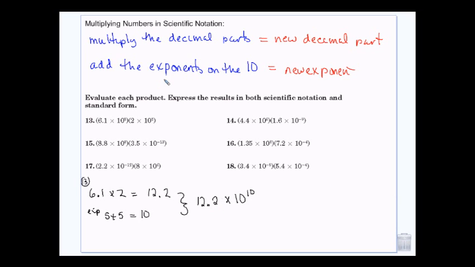Sometimes there's a third step, where you have to adjust the decimal place and the exponent. If I have to move one more this way, I add 1 to here. So for each place I move to the left, I add another exponent.